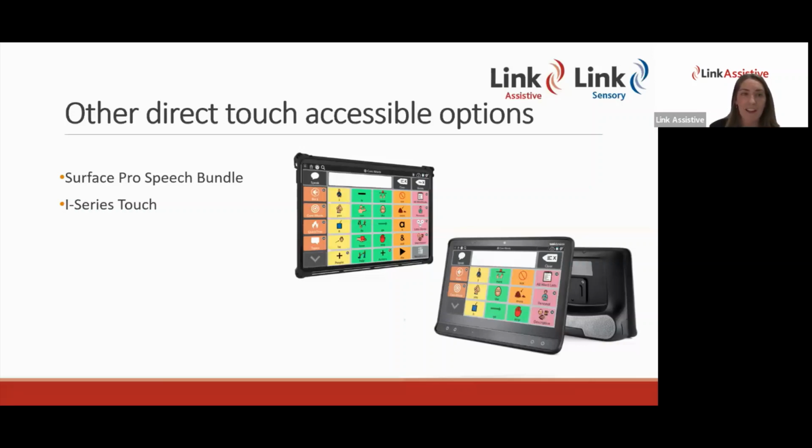And there's also the iSeries Touch, which is another dedicated communication device that can be touch accessible. You may have seen it around as a device that can be accessed by eye control, but it can also be just a touch device too, without the eye control. So there are some other options out there.